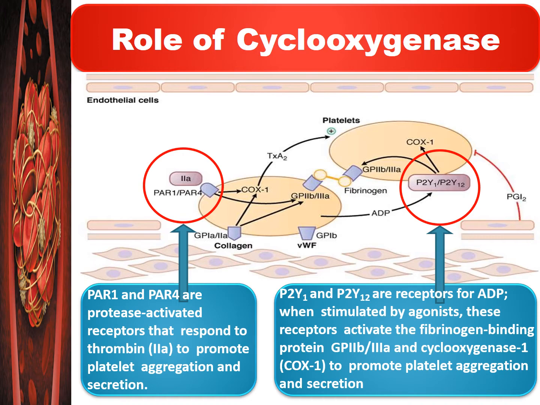When stimulated by an agonist, these receptors activate the fibrinogen binding protein, glycoprotein 2b, glycoprotein 3a, and cyclooxygenase 1, COX1, to promote platelet aggregation and secretion.